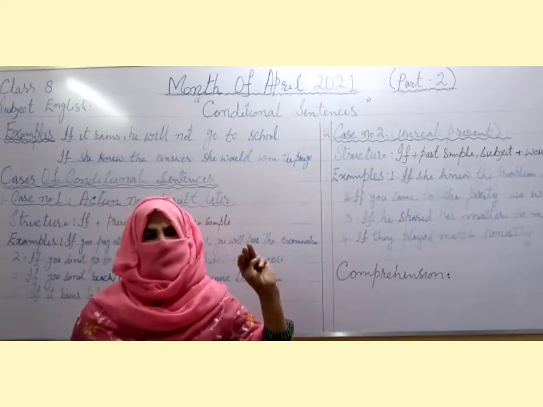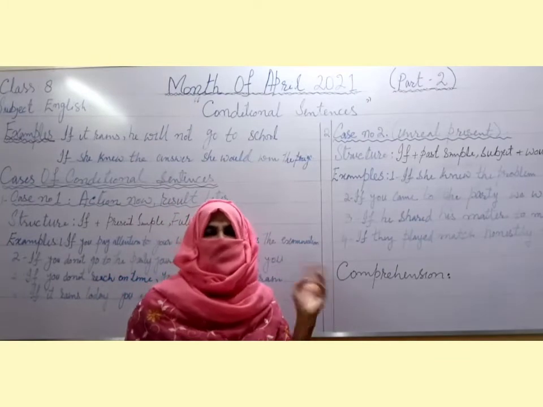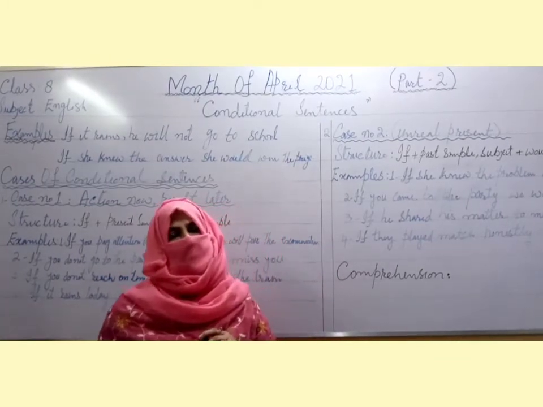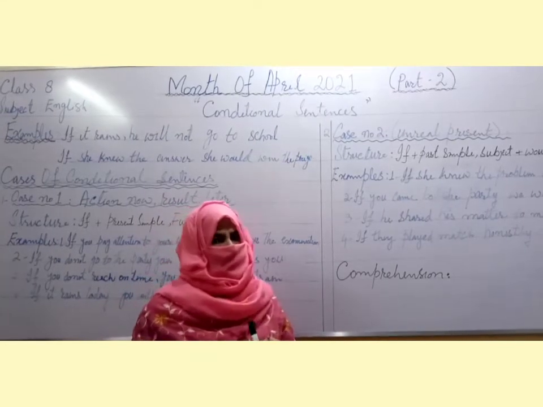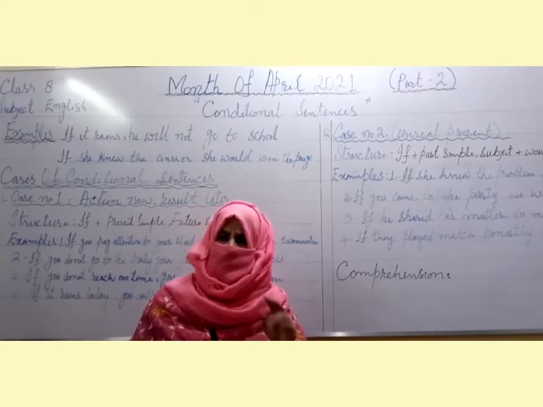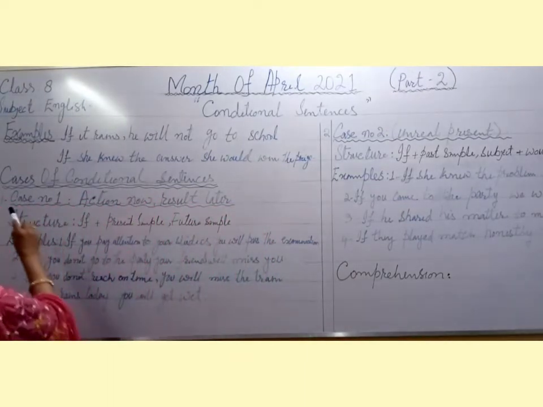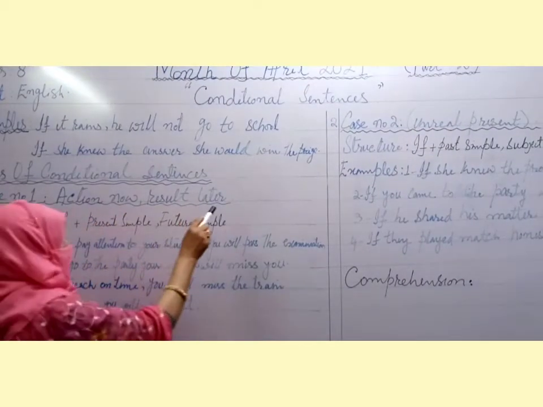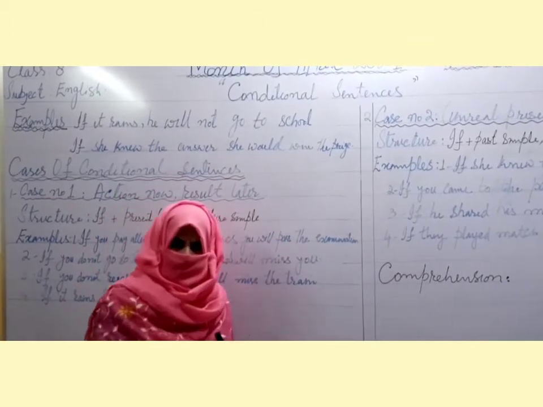Case 1, that is action now, result later. Case 2, unreal present. And case 3, unreal past. But my dear students, in today's class, I will teach you only two cases: case number 1, action now, result later, and case number 2, unreal present.